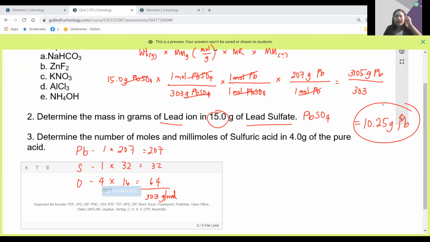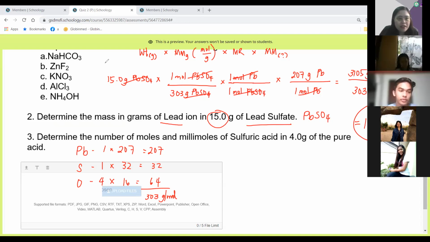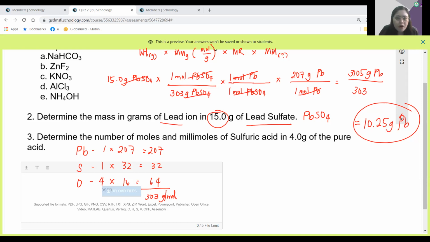So again, this is the final answer for number 2. If you have 15 grams of lead sulfate, 10.25 grams of that will be the mass of the lead. The remaining will be for the sulfur and the oxygen. So that's how you compute the mass of an element in a compound, in a given amount of compound. So do not forget our pattern. Okay? I hope you get the correct answer also here for number 2.